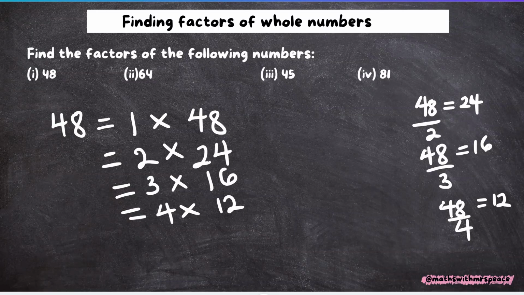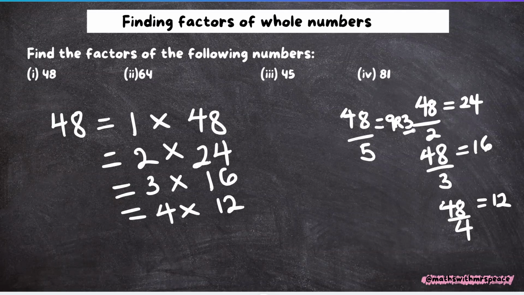Next, I'm going to try 5. If you already know your factors, you're not going to try 5 because we already know 5 is not a factor, but if this is all new to you, you can go ahead and just try on the side. 48 divided by 5, if you try this, you're going to get 9 remainder 3.